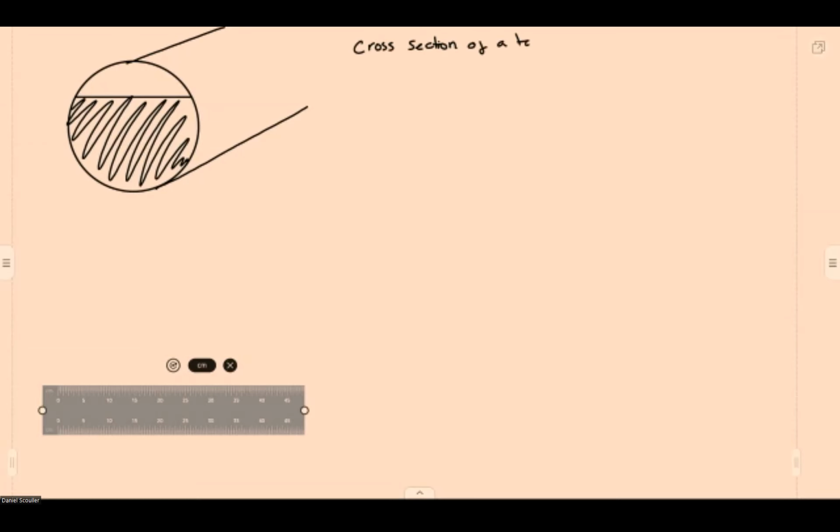A cross section of a tanker is shown. The surface of the oil is 250 centimetres wide. The diameter of the tank is 300.